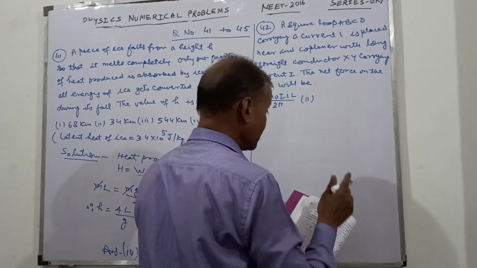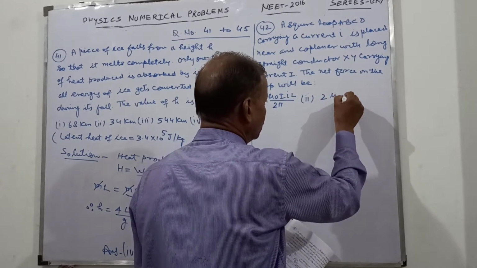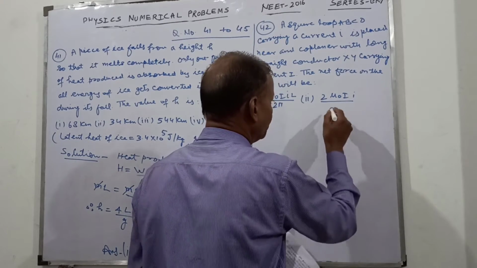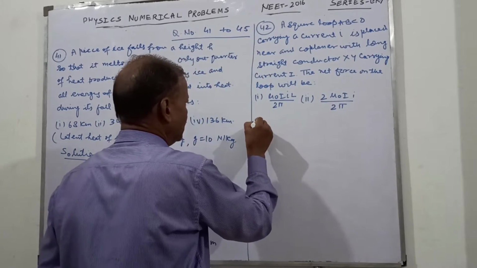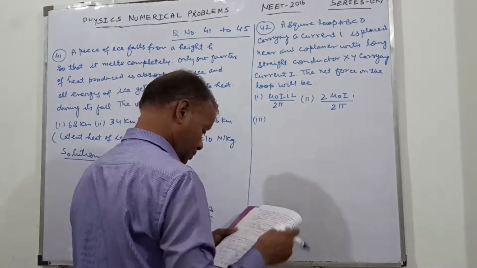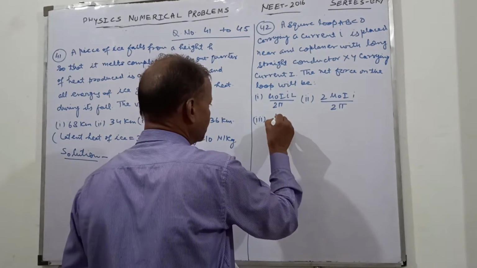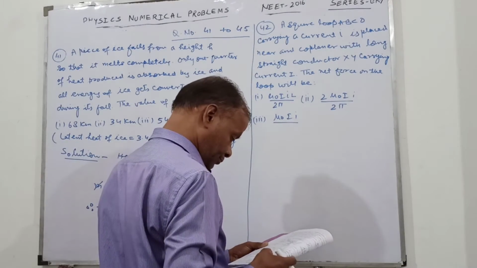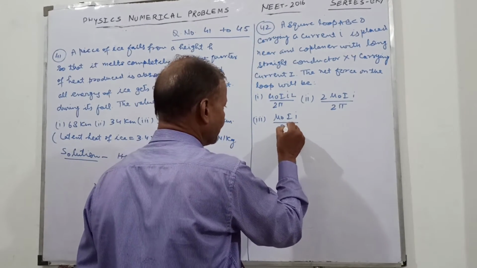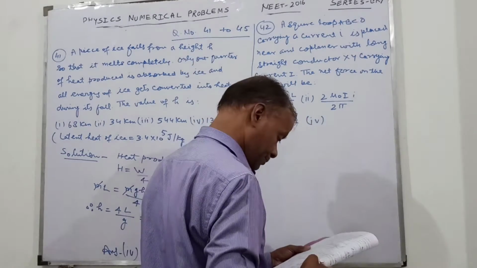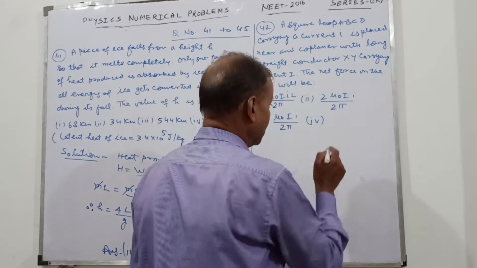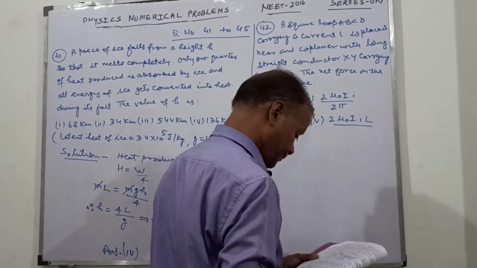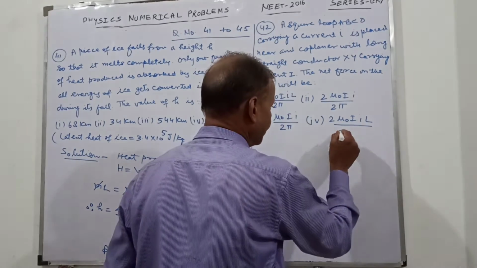Second option is 2 mu naught I upon 2 pi. And third option is mu naught I upon 2 pi. And fourth option is 2 mu naught I L upon 3 pi.